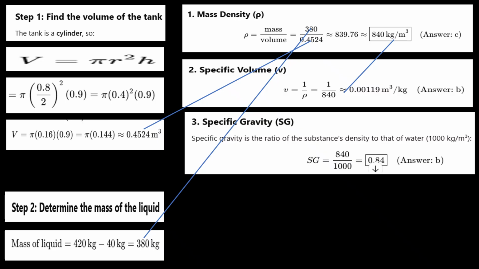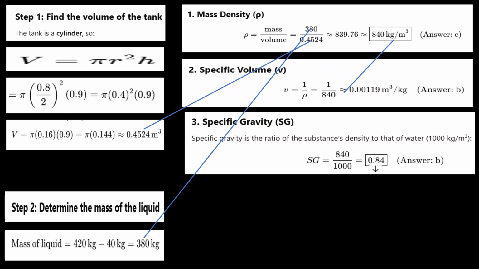And then for the next one, we can now calculate the value of the specific weight. By the way, specific weight is equal to the product of rho and the gravitational pull of the Earth. Rho, we have a value of 840 while g is 9.81.